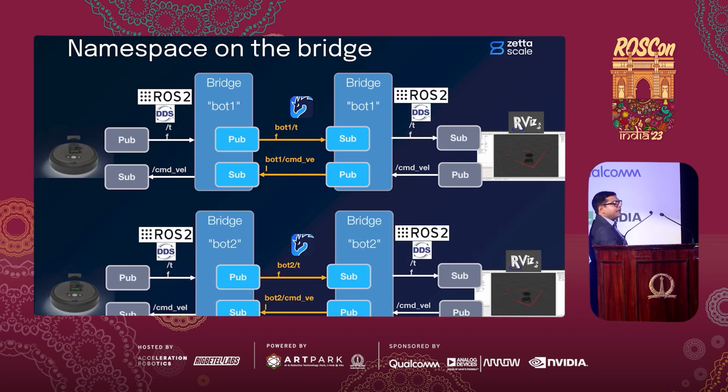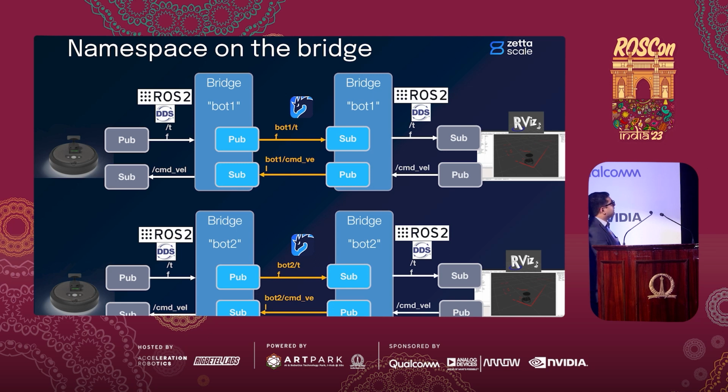Now we have one more concept in our Zenoh DDS bridge for ROS2, and that is the scoping mechanism. For that we have the concept of namespace. In ROS2 the namespace concept is there, but you have to define the scope at the application level.